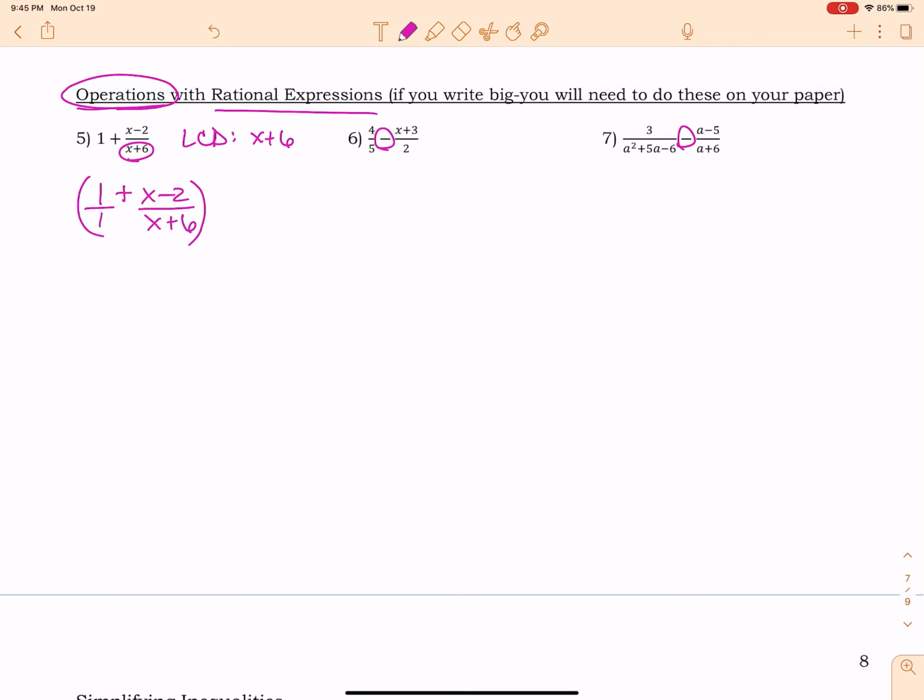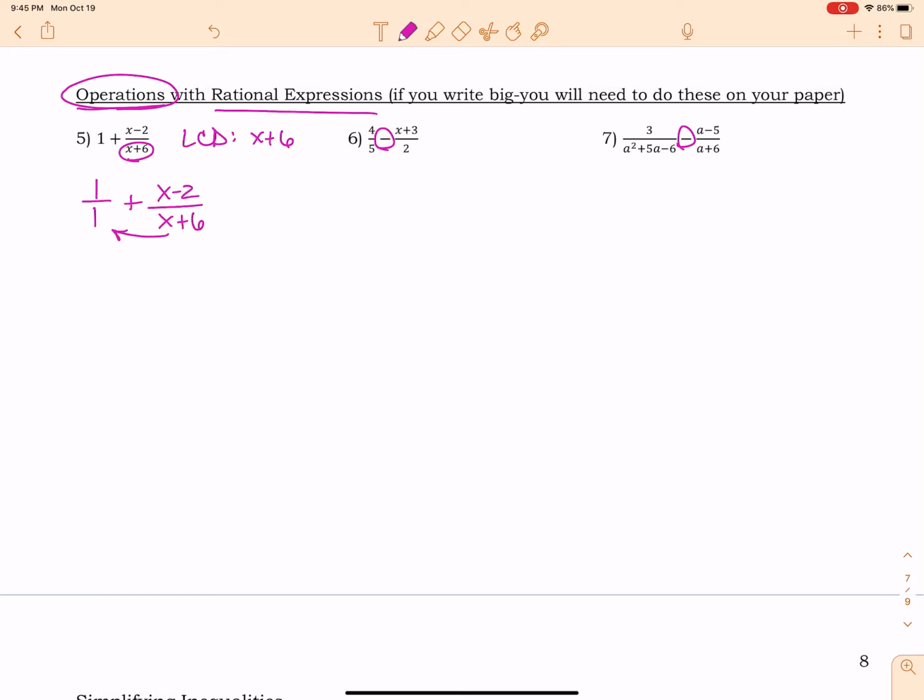So how do we do that? Well, this denominator already has what I need. This one doesn't, so I have to change it. I need the x plus 6 over here, but I can't just change the value of it.